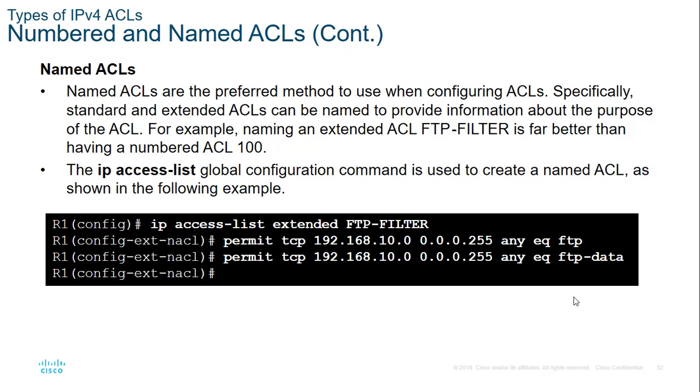Named ACLs are the preferred method when you're configuring ACLs, specifically standard and extended ACLs. They can be named to provide information about the purpose of the ACL. So rather than doing a remark, you could just say extended FTP filter, right?